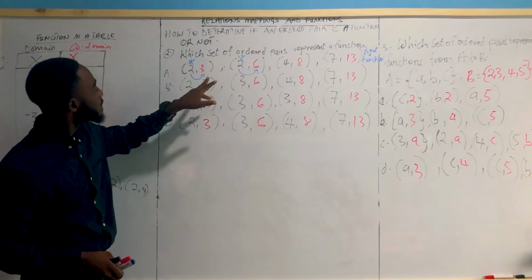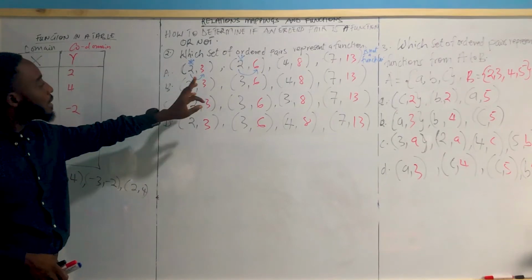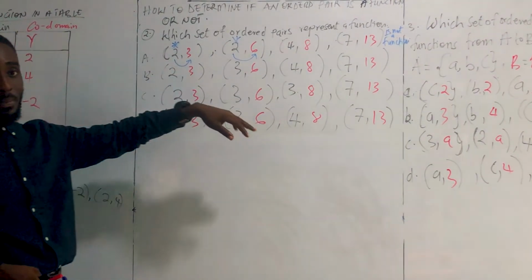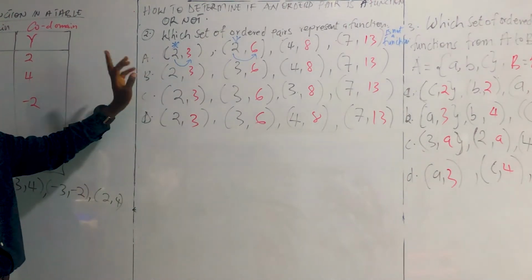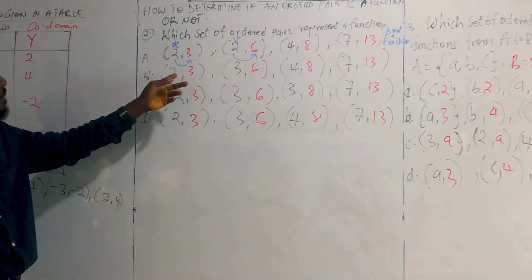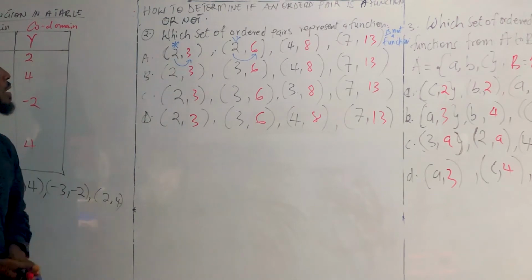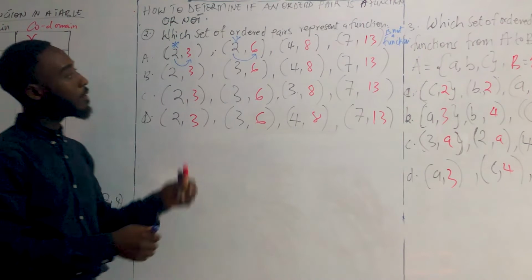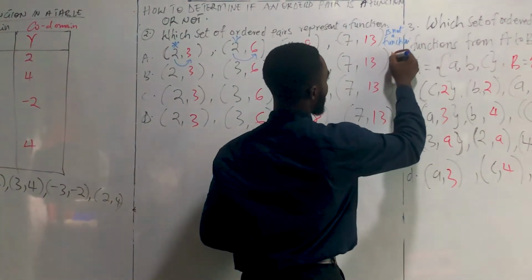Alright, the second question: 2 maps to 3, 3 maps to 6, 4 maps to 8, 7 maps to 13. From this, you realize that each x value has only one y value. 2 has just one y value and doesn't show up anywhere else. Therefore, this is a function.